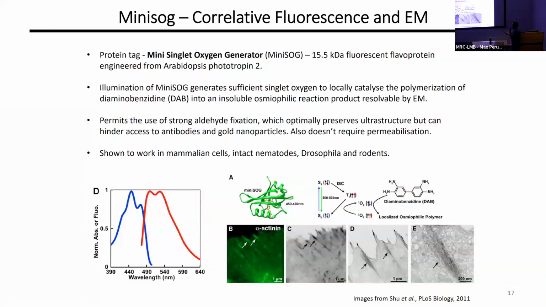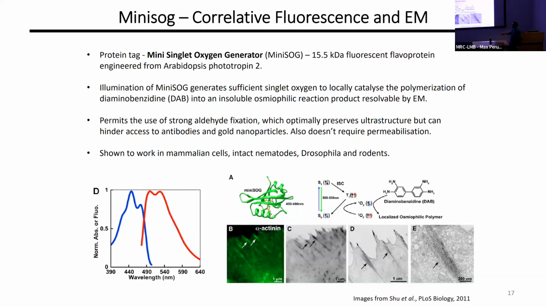Okay, there's also this thing called miniSOG. This is basically a mini singlet oxygen generator. It's a label that can be used for fluorescence light microscopy and can later be used for electron microscopy, so it's good for correlative fluorescence and electron microscopy.